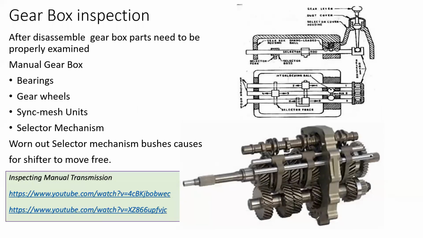Once everything is connected, these are the forks and these are the selector shafts. Now again, I need to come back to this one. This is a sequential transmission gearbox. I don't know whether you can see it here, but there are grooves like this.